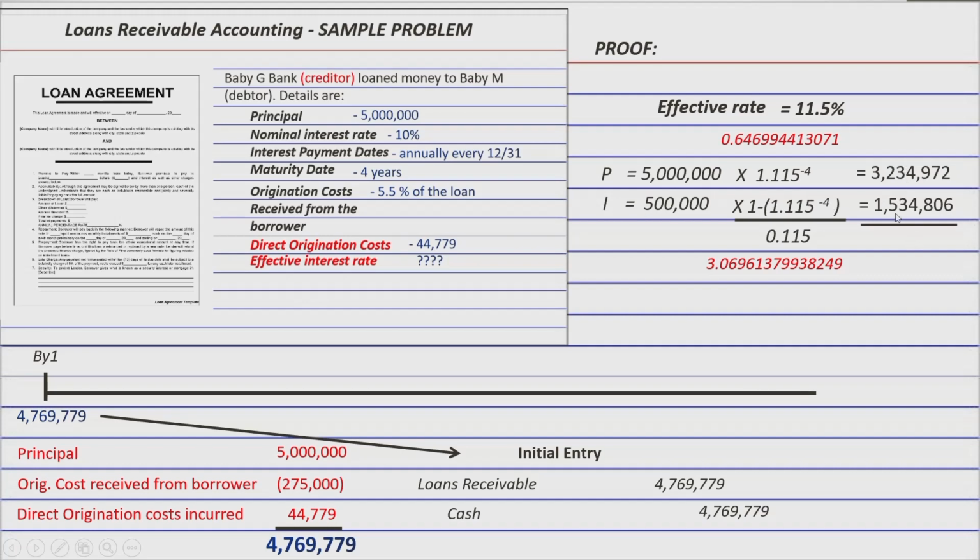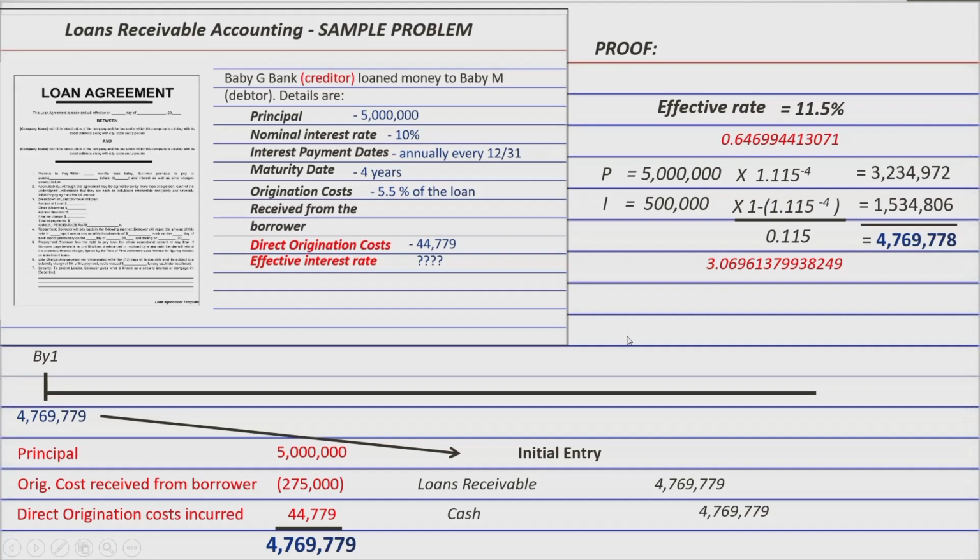Now, the sum of these two is actually 4,769,778, which is almost the same as this one. So they only have a very slight difference of 1. So it's fine. Therefore, we can conclude that 11.5% is actually the effective rate that we are looking for.